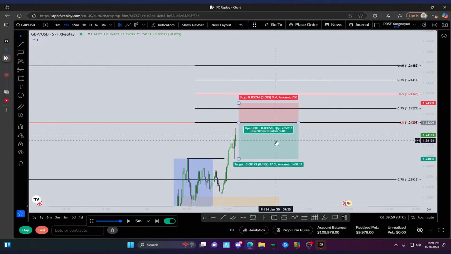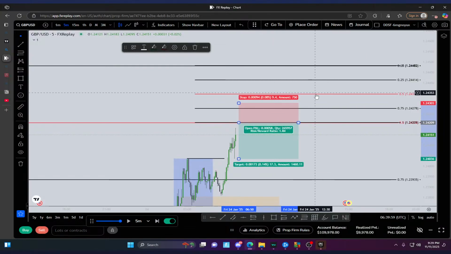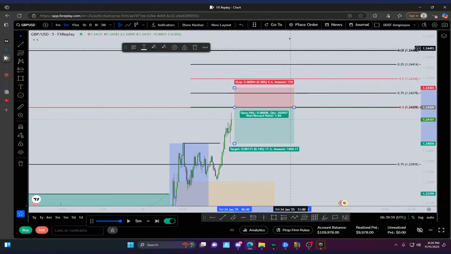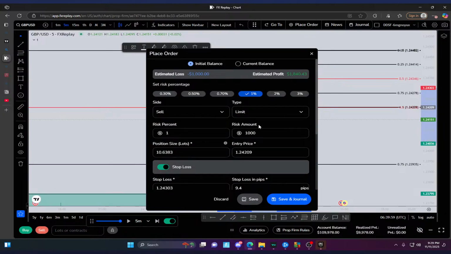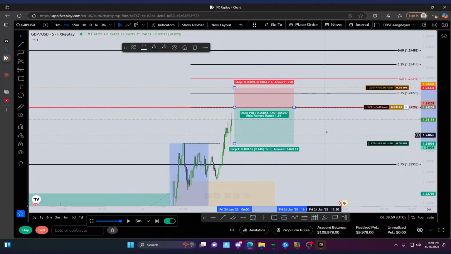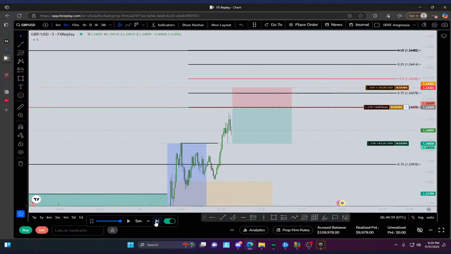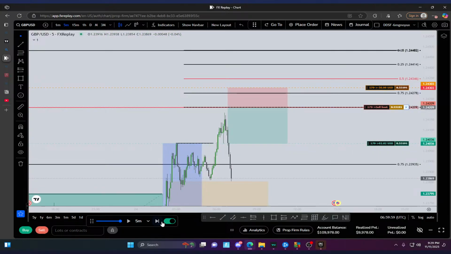Quadrant, and then yeah. And then risk our 50 big ones. 50 big ones. Limit. Place. Inducement. Okay. Is that still valid?